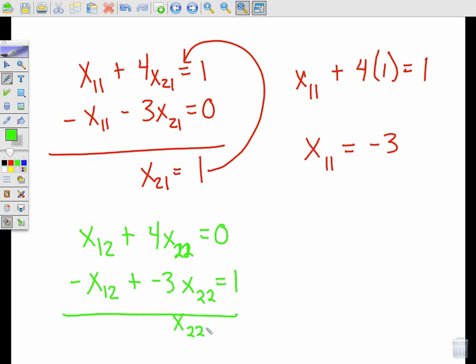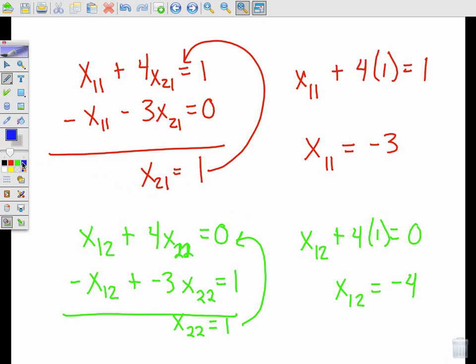I can add these together, and I would get x22 is equal to 1, and then back substitute: x12 plus 4 times 1 equals 0, so x12 would equal negative 4.